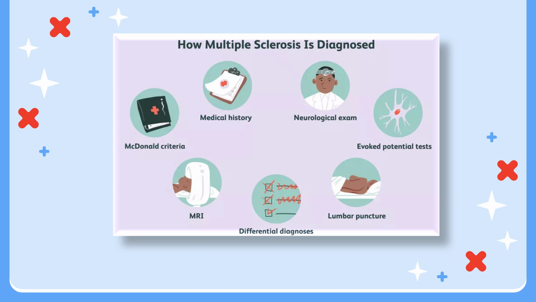Okay. Next, we also have something called the McDonald criteria. This is also a very new form of diagnosis. And with this also, we conclude that the patient has multiple sclerosis. It is a set of rules that basically helps the doctors.